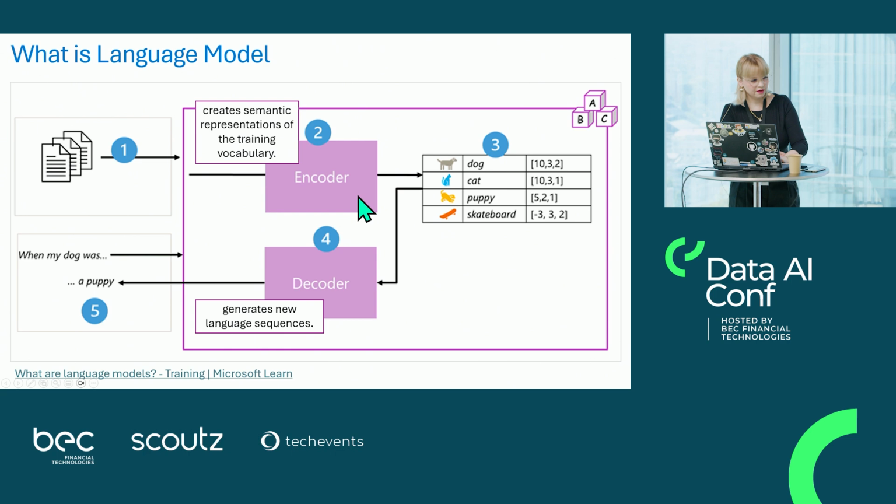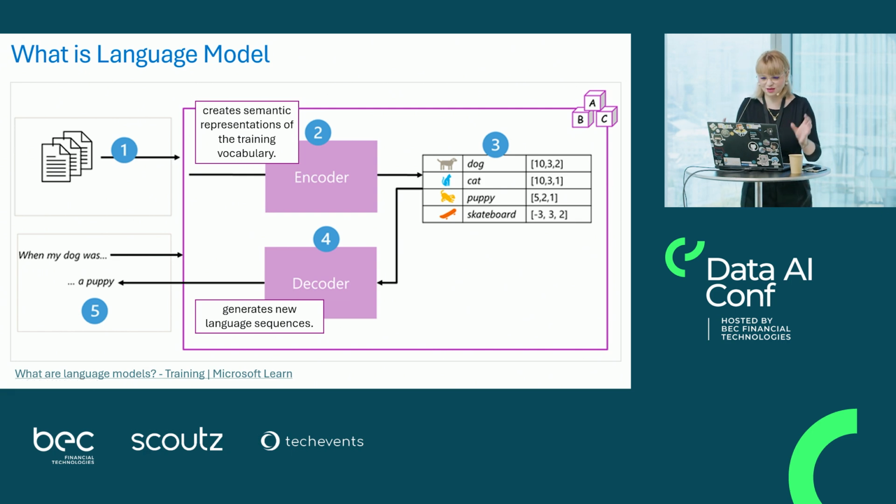We also have here the concept of embeddings, which are vector representations, numeric representations of the words, and magic is happening inside. And then at the end, we have the decoder. The decoder is basically decoding matrices of numbers into meaningful sentences for humans. So the decoder is generating new language sequences.